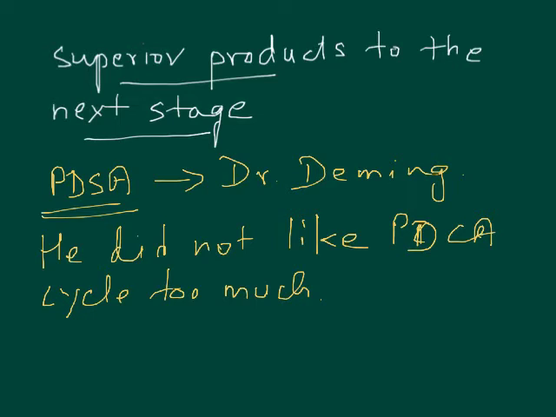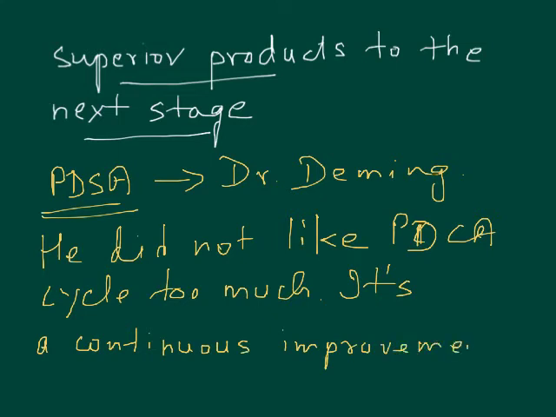And this PDSA cycle is a continuous improvement loop, which is actually a spiral.